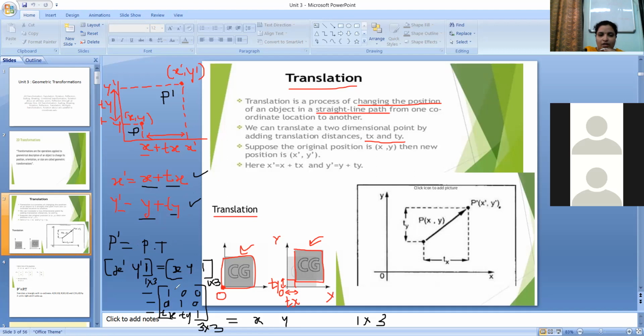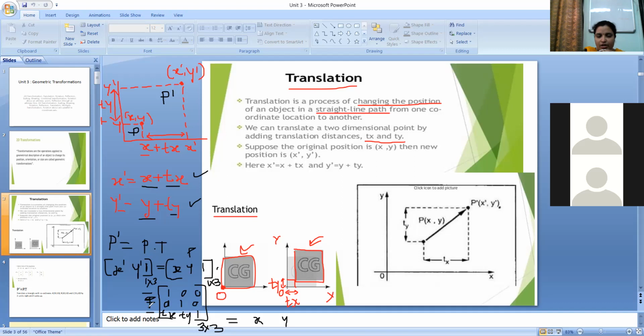So I will start multiplying. So check here what you get after multiplication. X is getting multiplied with this. This is your P matrix. This is P. And this matrix is your T matrix.